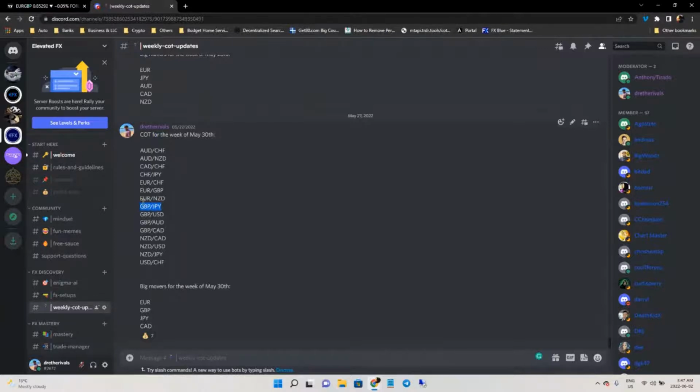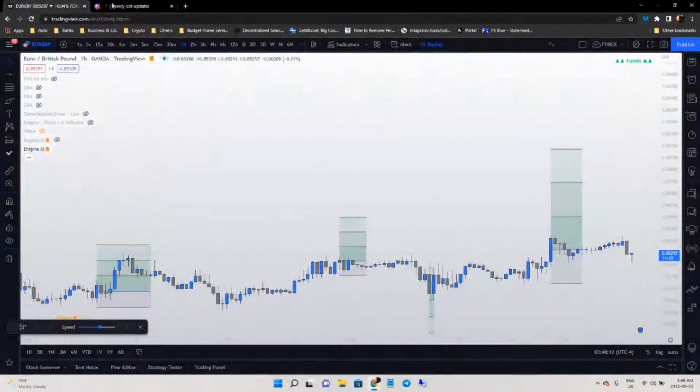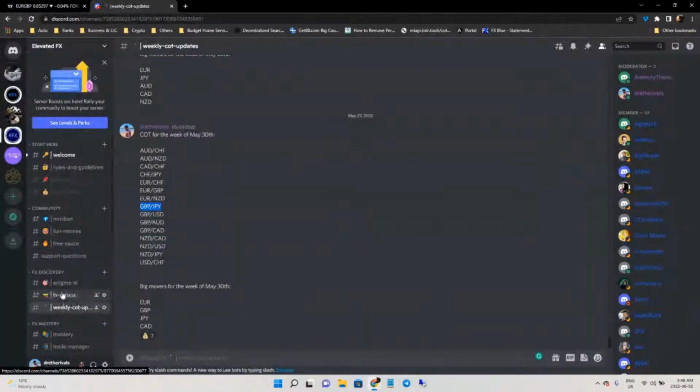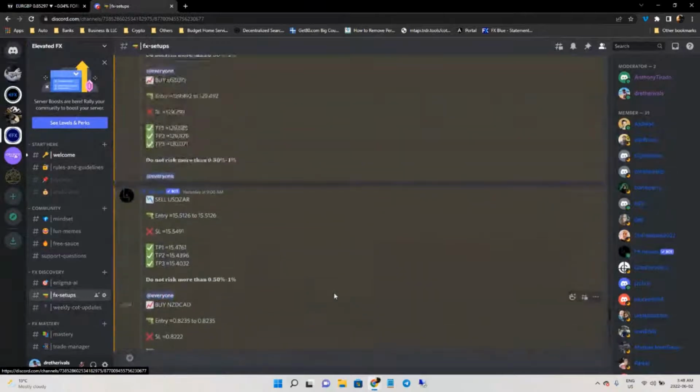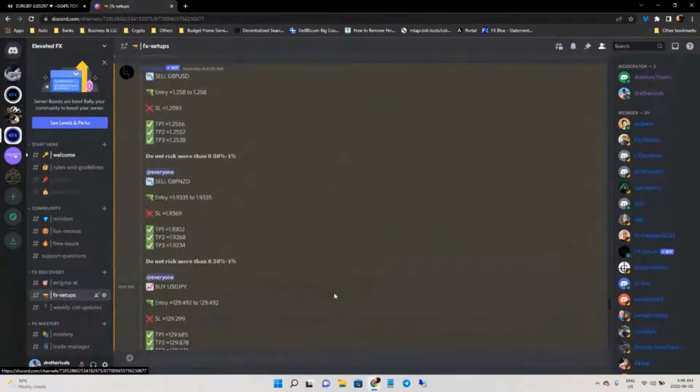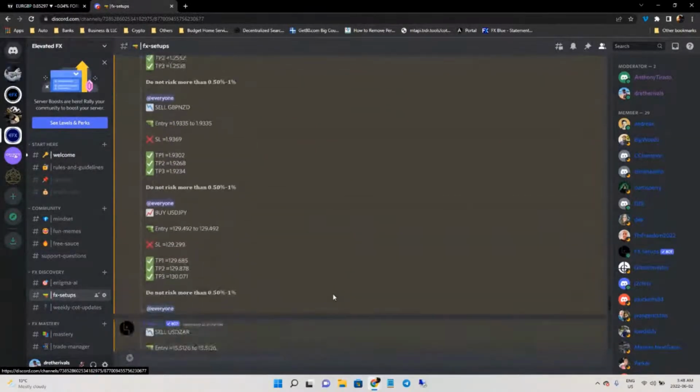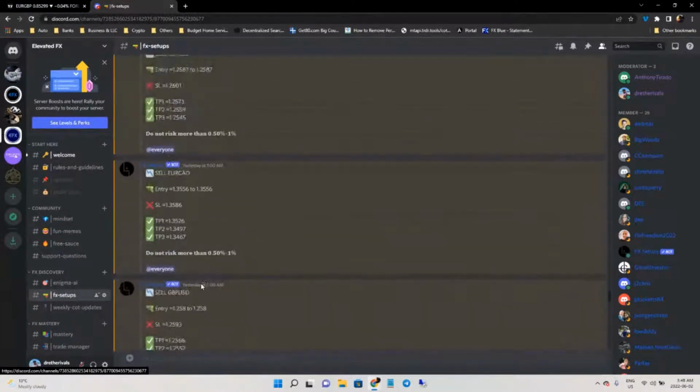That was one of the bigger ones, and based on what I was looking at with the commercial contract, it is the one that makes more sense to take, and I didn't hesitate to take it, and I'll explain why I took that trade. So it's the GBPJPY. I'm just going to look at it right now. I think the trade idea was sent out Tuesday, if I remember. Let's see.